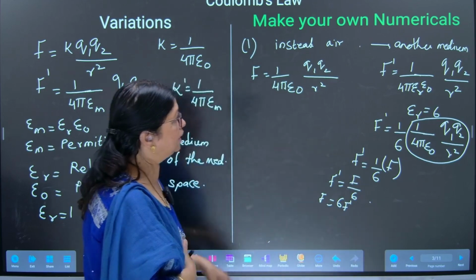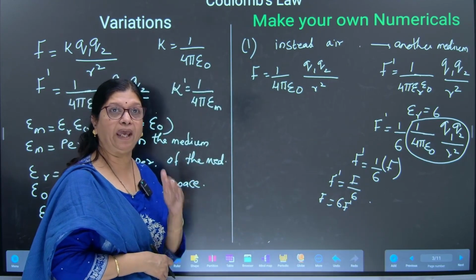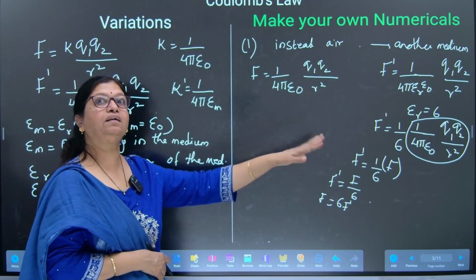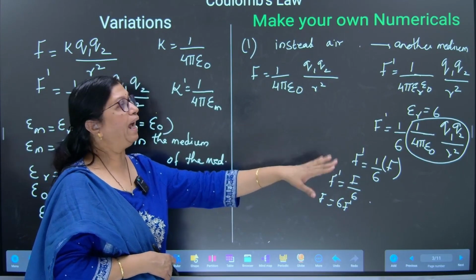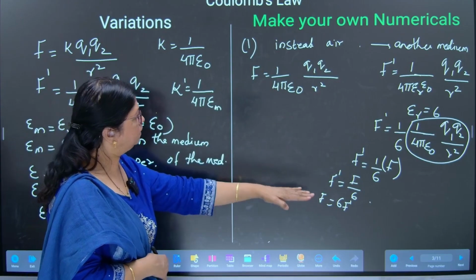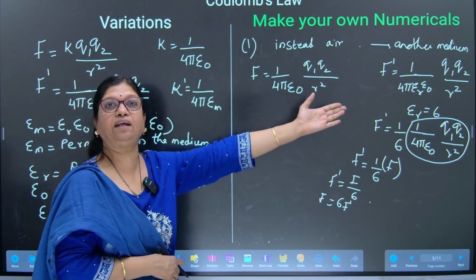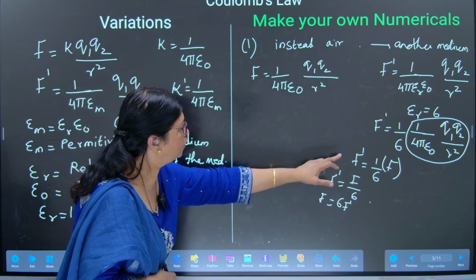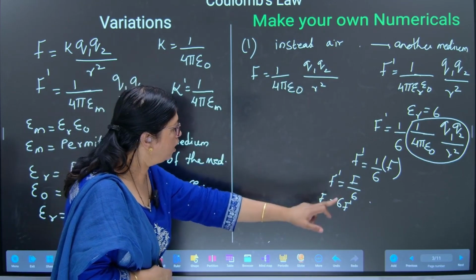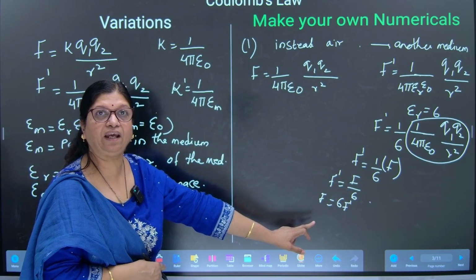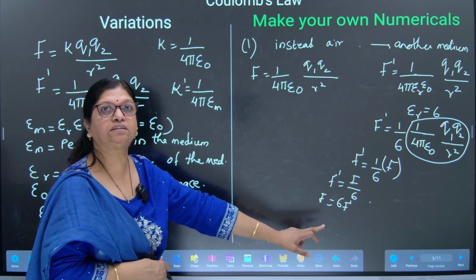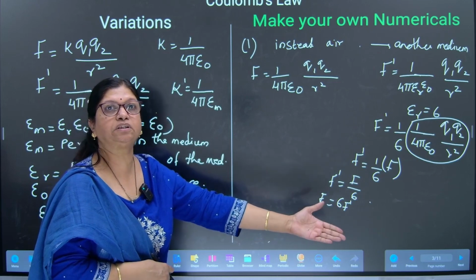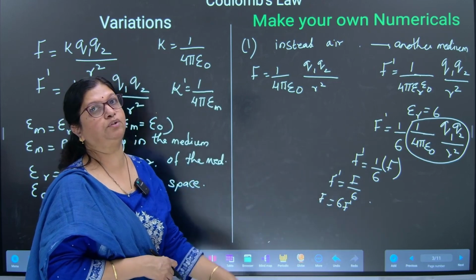So like this, if they ask you to compare the forces between the two charges in a different medium and in air, you can just put the value of epsilon r and get the ratio as I showed you, or you can even say how many times is the new force compared to the old force, or how many times is the old force compared to the new force.